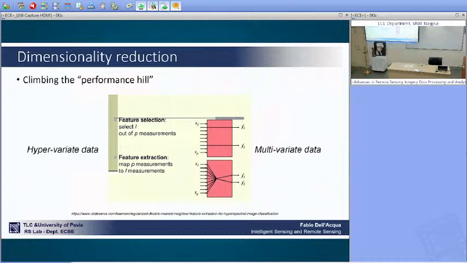So the point here is you have this many bands. You know that they are too many. You know that you don't need them all for your problem, and you need to take just some of them.